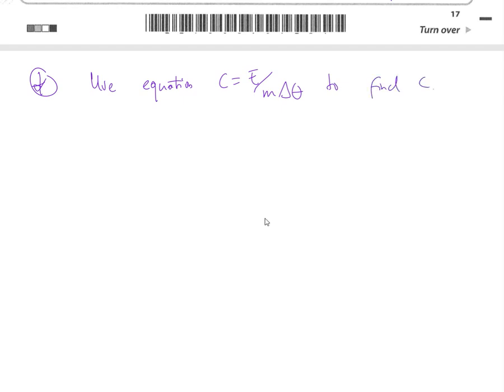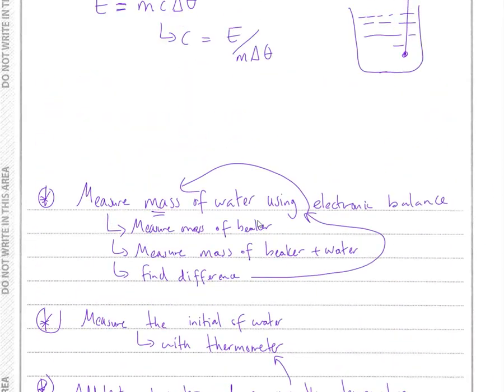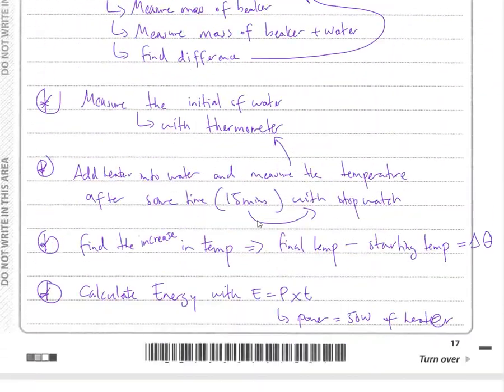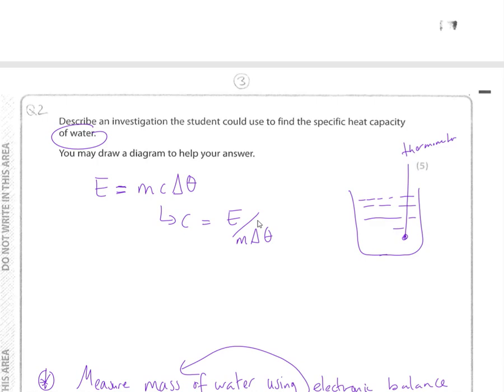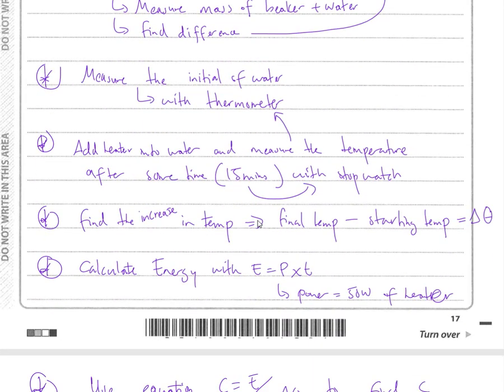Of course, we can plot a graph and so on. How many marks is this? 5 marks. You can go extra and say, record the time intervals, for example every 2 minutes, 6 minutes, and so forth. Then we get a series of data and we can plot a graph.